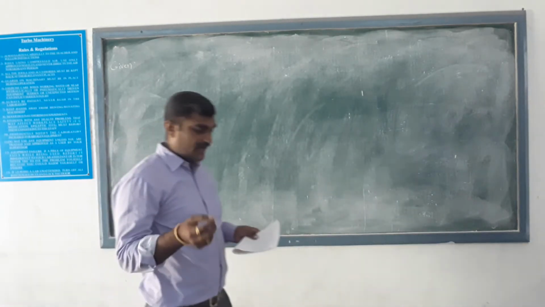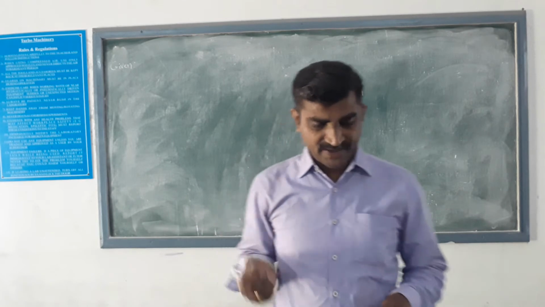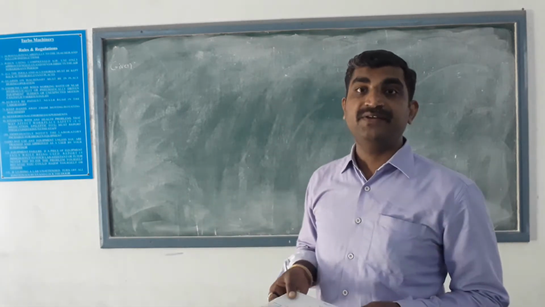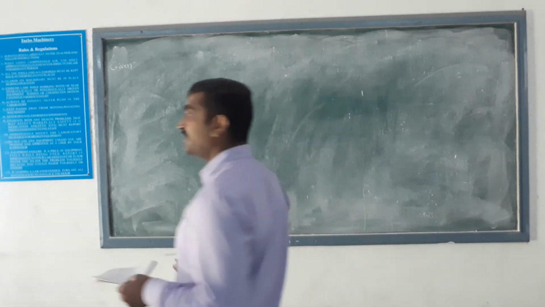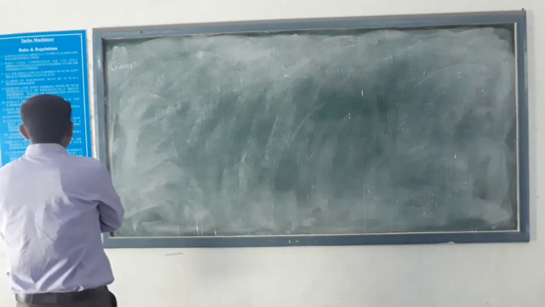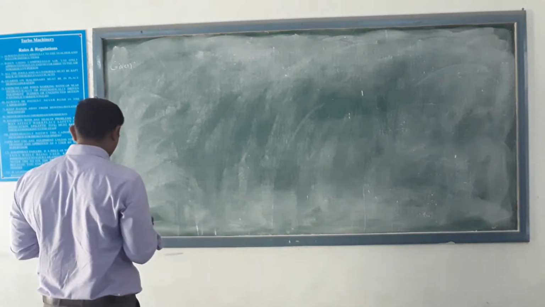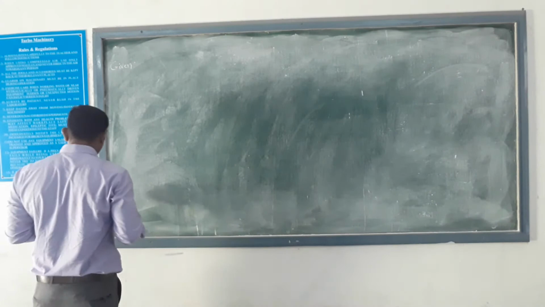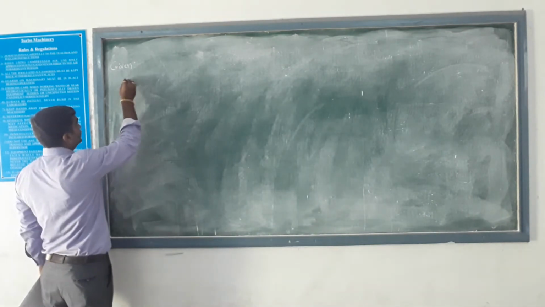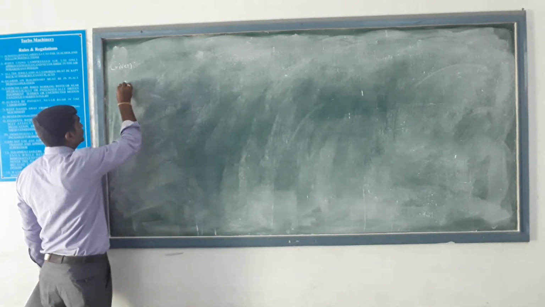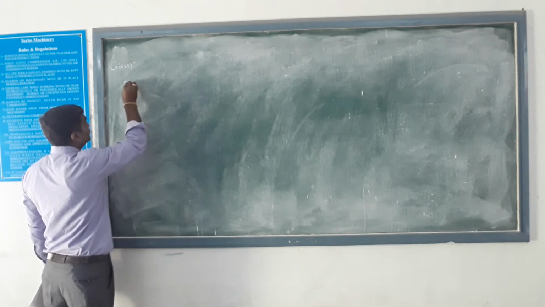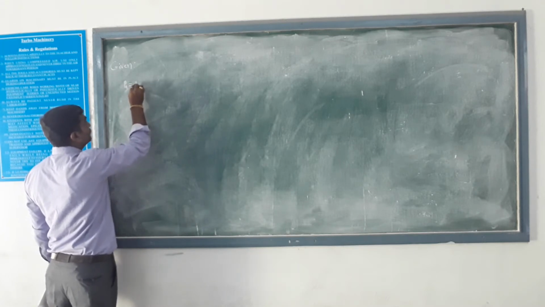The Pelton turbine drives a 15 megawatt generator, which means we are given the power generation capacity, PG equal to 15 megawatt.